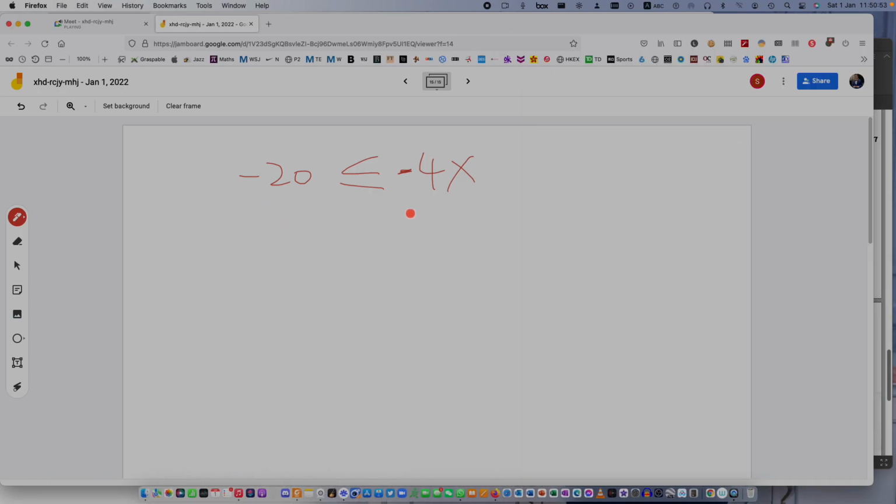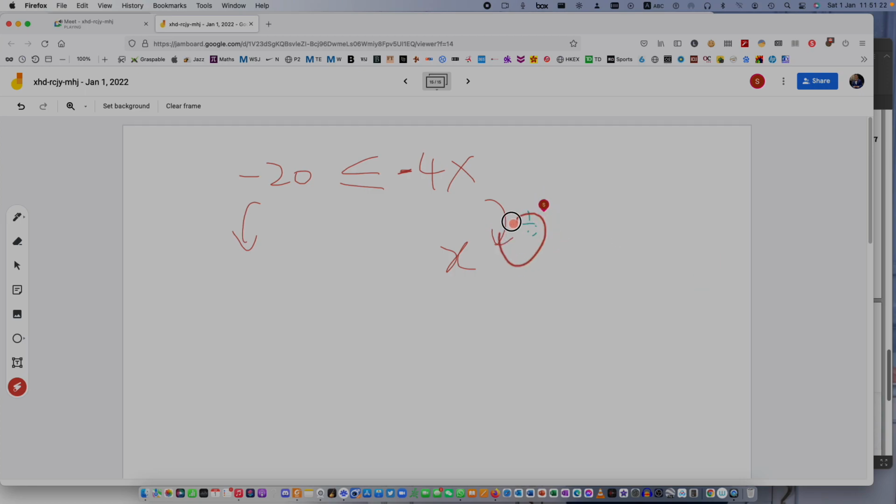How do you do this question? Put the x here. You divide by what? -4.